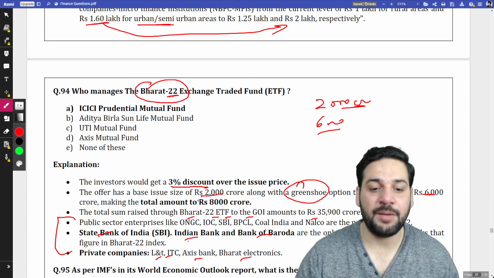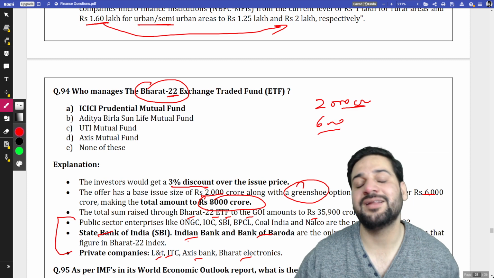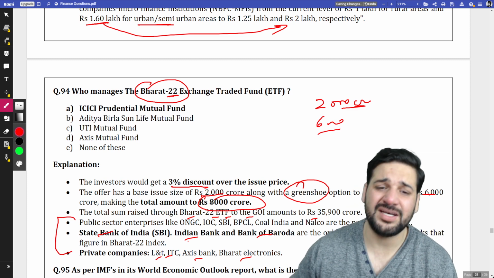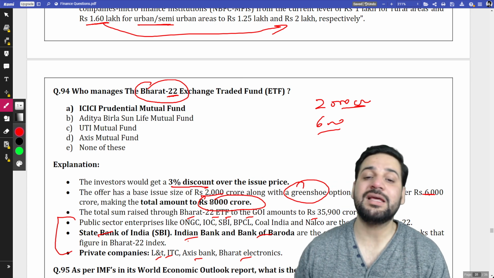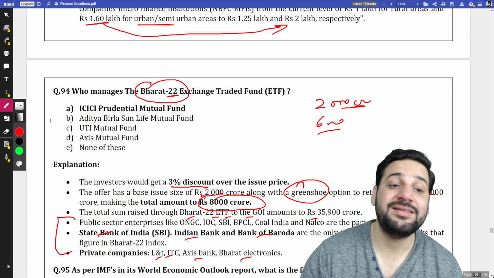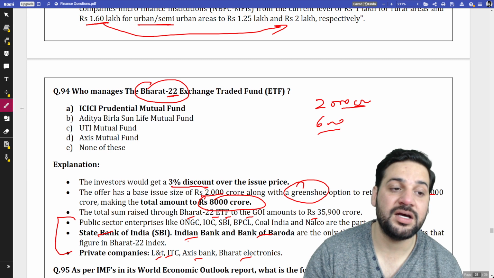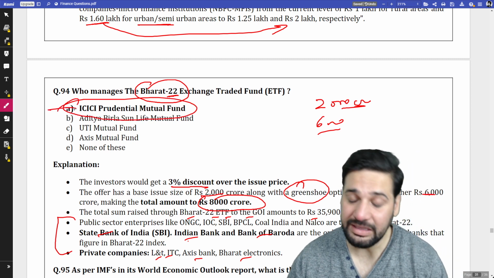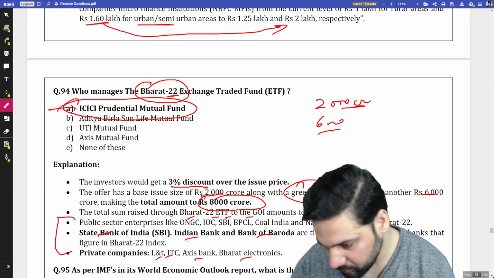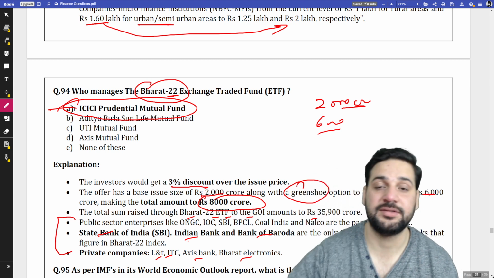The basic issue size is 2000 and the green shoe option is 6000, so the total issue size is 8000 crore. And ICICI Prudential Mutual Fund is the one managing the Bharat 22 ETF. So these are exchange traded funds.